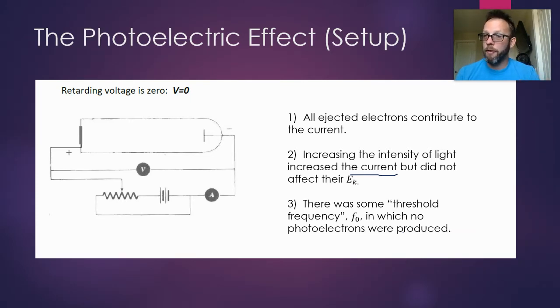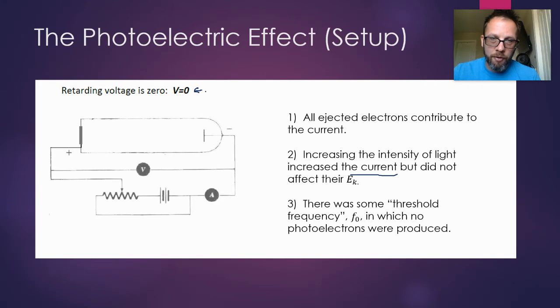Blue light gave you photoelectrons, but they weren't moving as fast, with lower kinetic energy. Green light didn't produce any. So somewhere between green and blue was that threshold frequency. And I want to add maybe one note. Actually, I think I have 2.